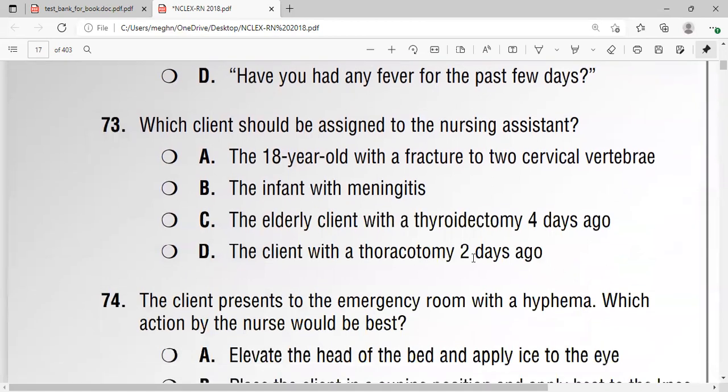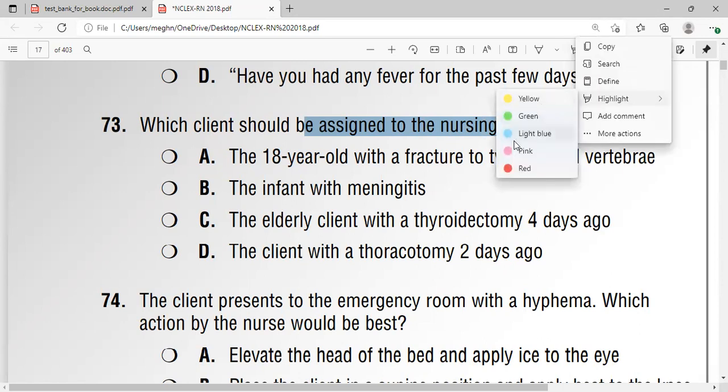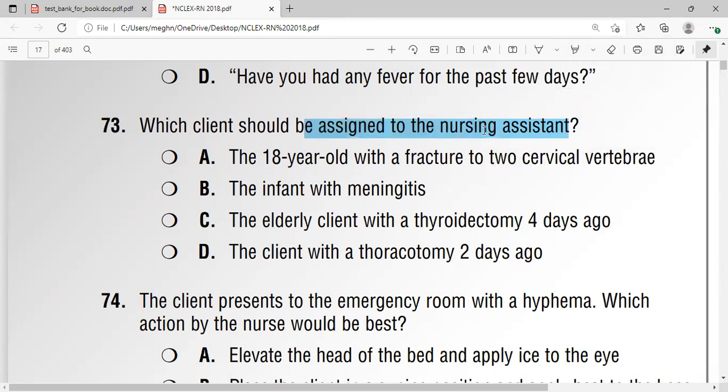Next, which client should be assigned to the nursing assistant? So you have to know the functional role of a CNA, UAP, or nursing assistant. A, an 18 year old with a fracture to two cervical vertebrae.